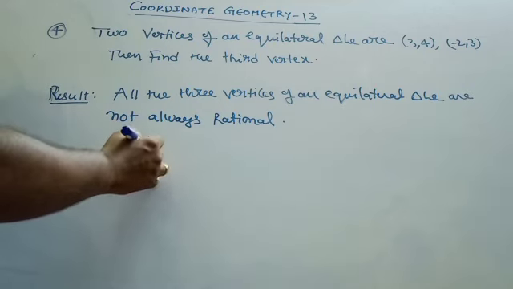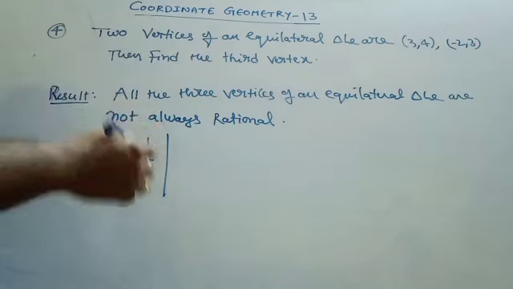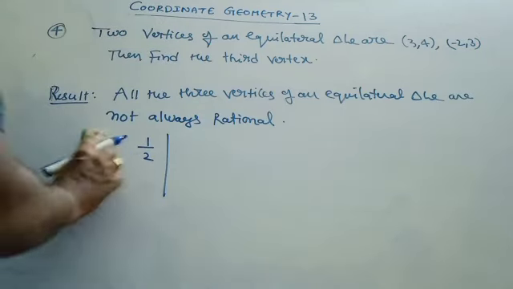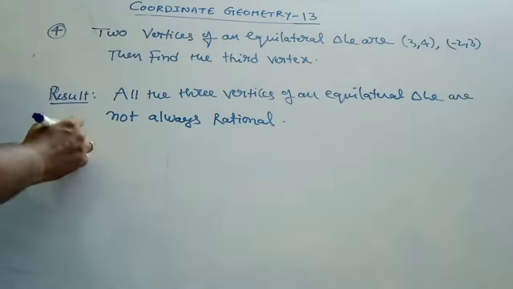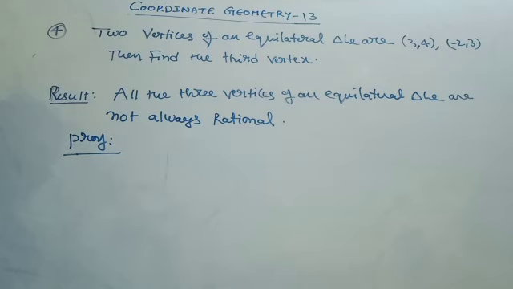Generally, suppose all the three vertices are integers. The proof we will do by the contradiction method of proof, you know how to do.